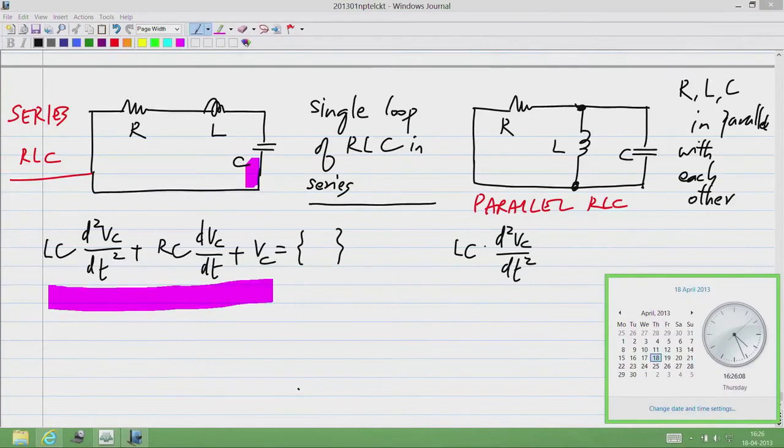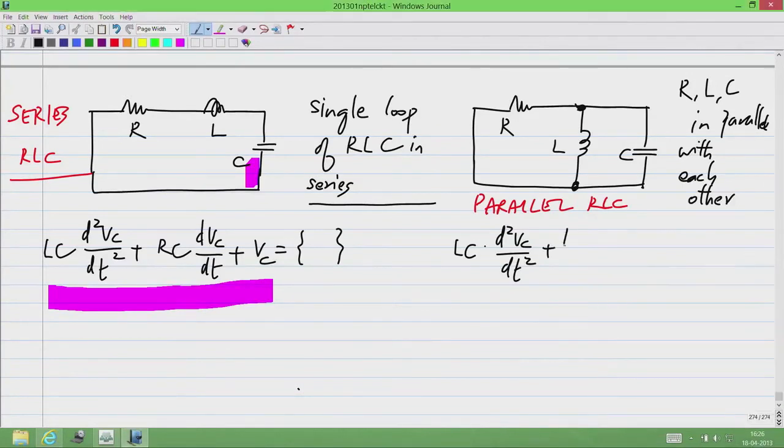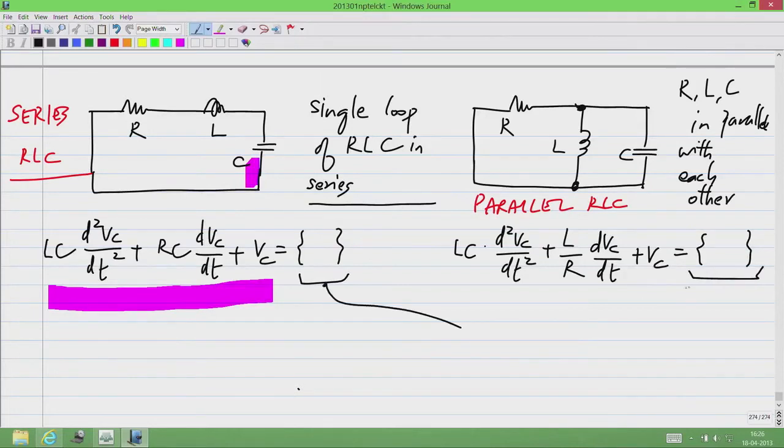I am taking Vc as an example, but as I keep emphasizing, it could be any other variable. L by R first derivative plus Vc equals, this will be related to the independent source, okay, in some way.